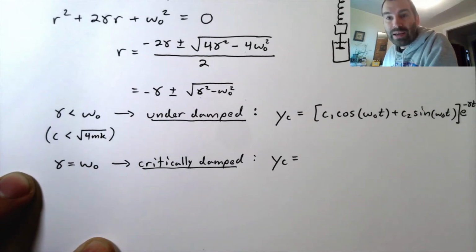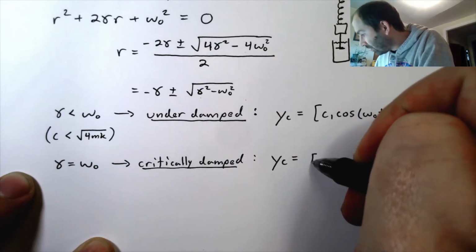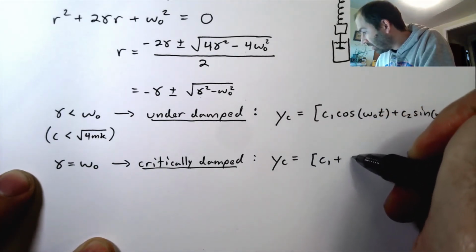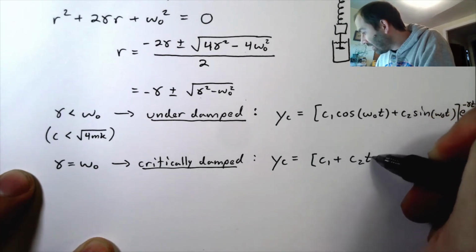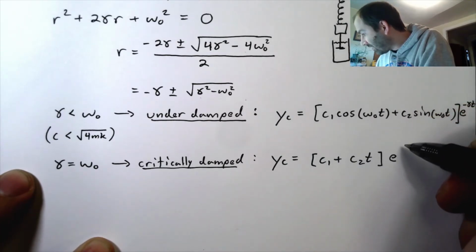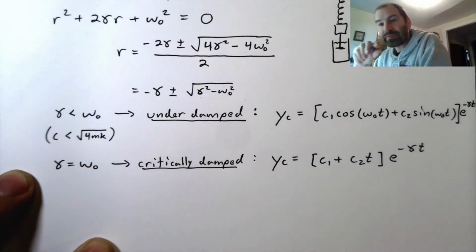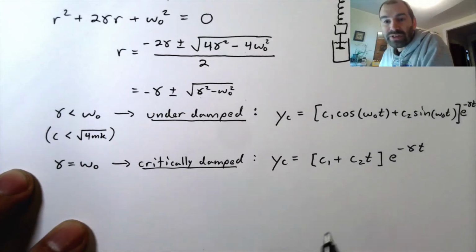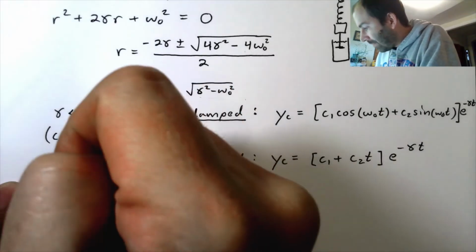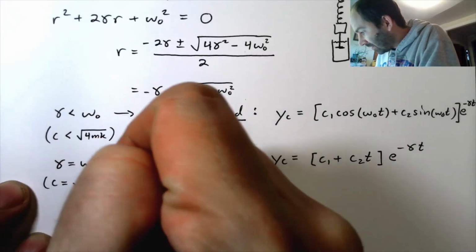And when you get a repeated root, we know that we have to introduce a C1 plus C2 t times e to the minus gamma t. So we get a solution that looks like this. Notice there's no trig functions here, right? And that's the same thing, by the way, as saying this.